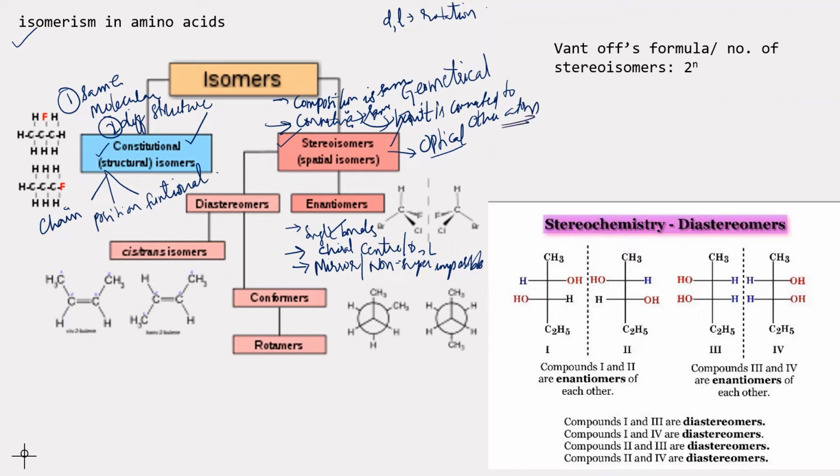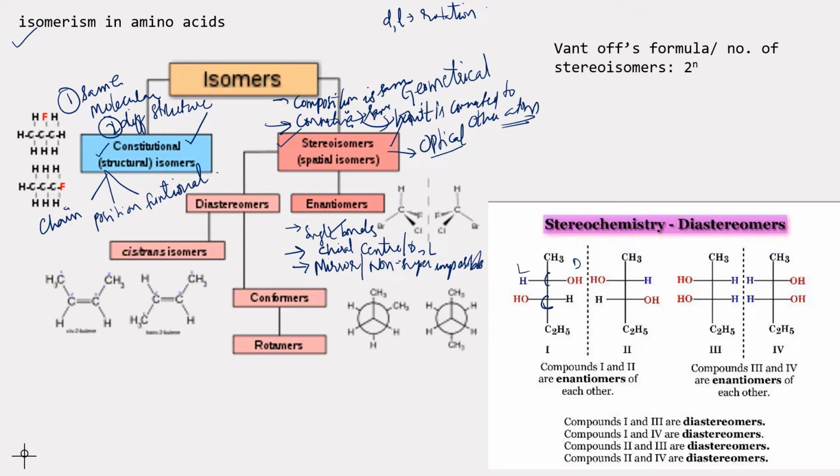I'll give you an example. This is actually a C represented by a stick, and this is also a C. You see that H and OH are connected similarly, and this one also has H and OH. The connection is similar, but how it is connected is different, because OH is towards this side of the C, that is towards the D side, and H is towards the L side.